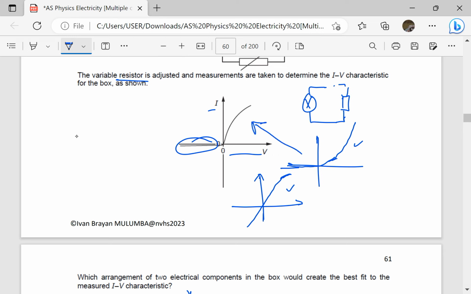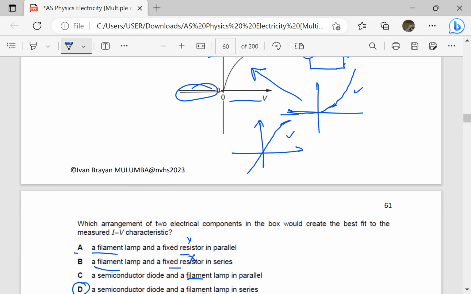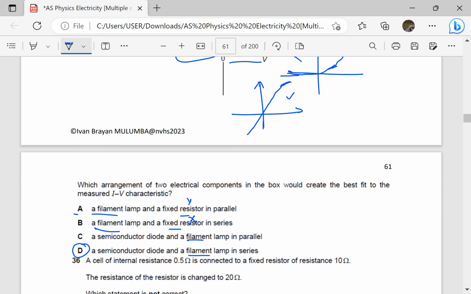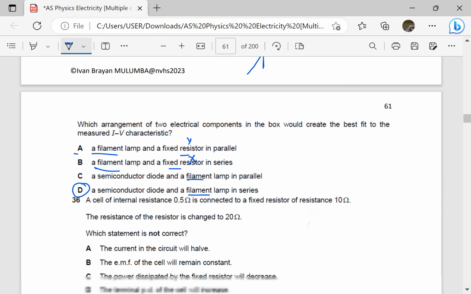But if they are put in parallel, we cannot have this as the resultant, because in parallel, total resistance becomes smaller as the PD increases. If the resistance of one increases, total resistance is actually going to be smaller. Yet here we are seeing total resistance is becoming greater because the change in current is reducing. Therefore, our answer remains D.